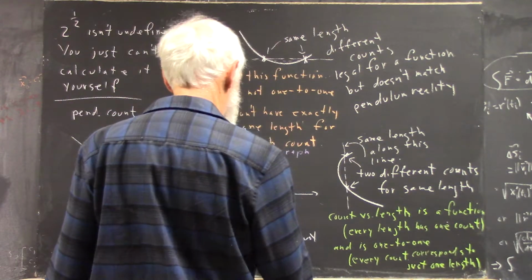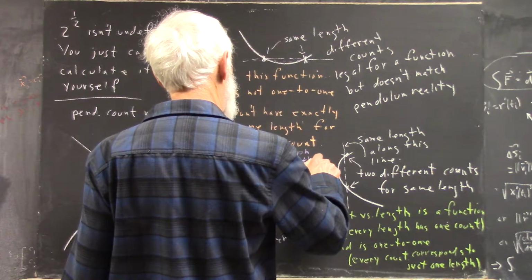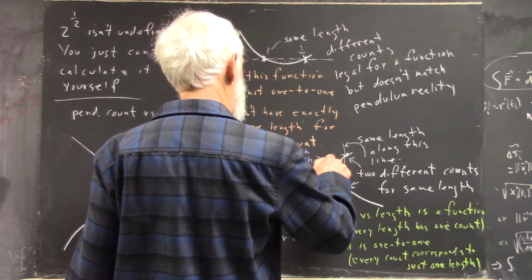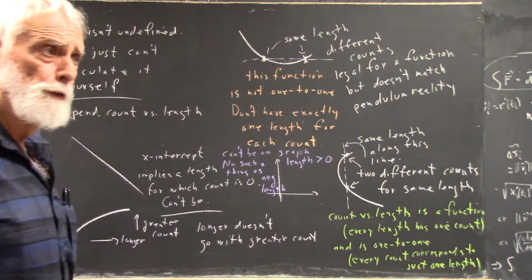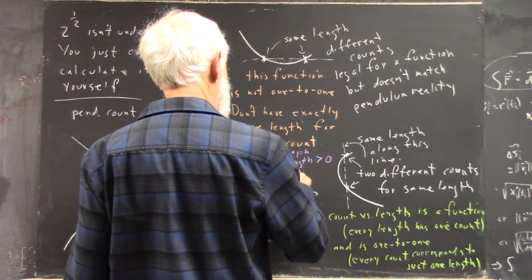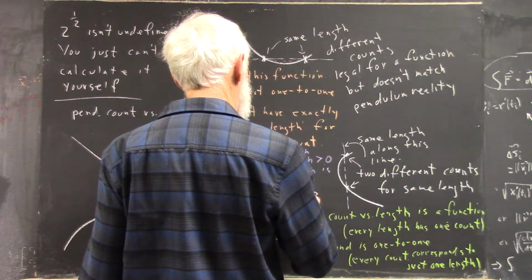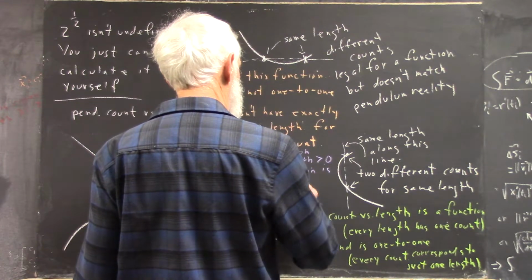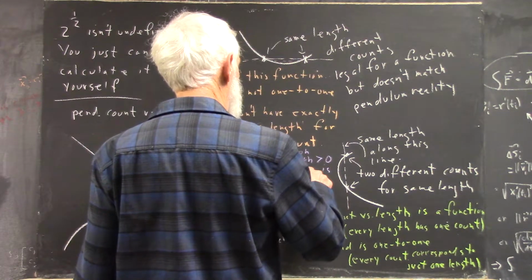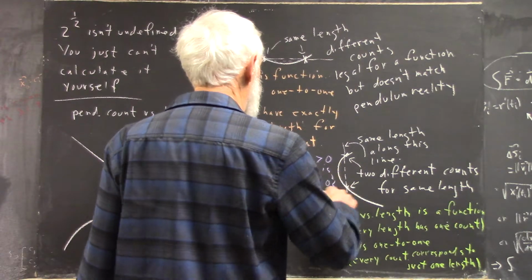So length has to be greater than zero, so that your domain is, I'm going to use set builder notation, a set of x values with the property that x is greater than 0.